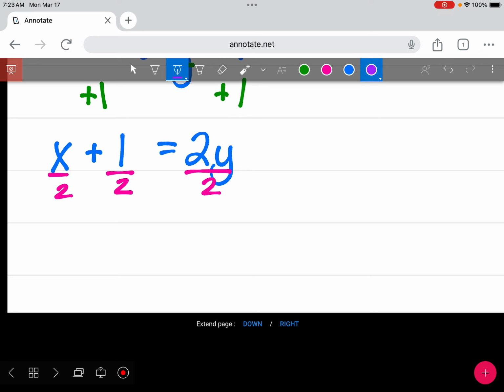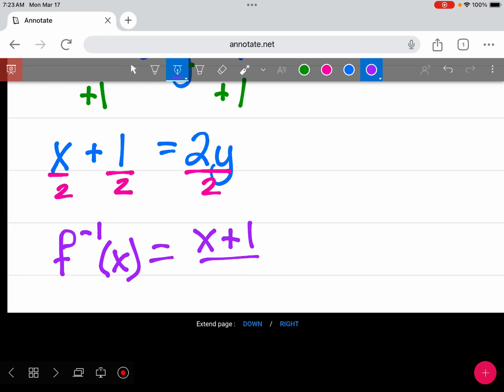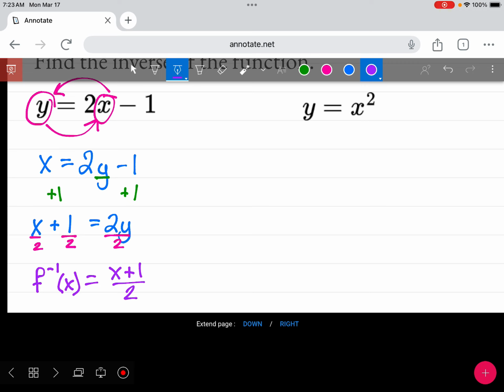Either way is fine, and we're going to get that the inverse of this equation is x plus 1 over 2, or x over 2 plus 1/2. I'm going to do the x plus 1 over 2, because I'm not graphing this thing. Either way is fine. So this is our inverse for this first equation.